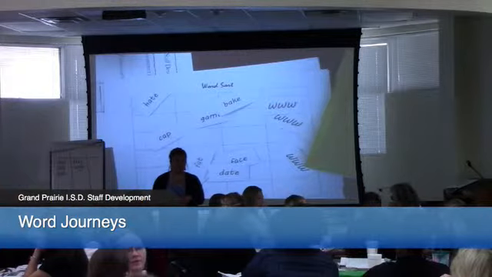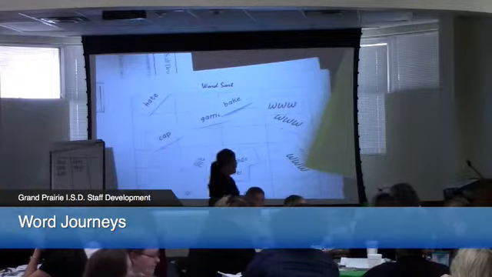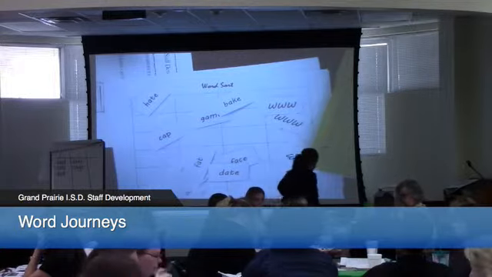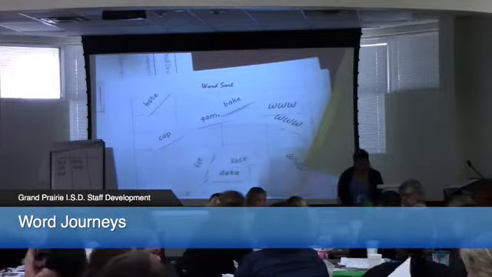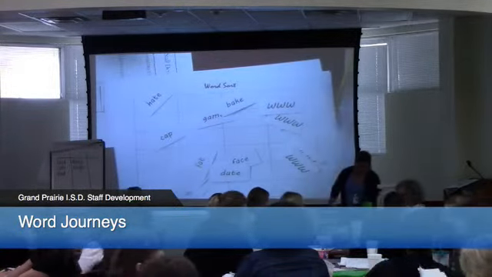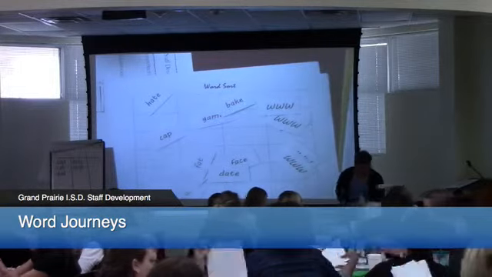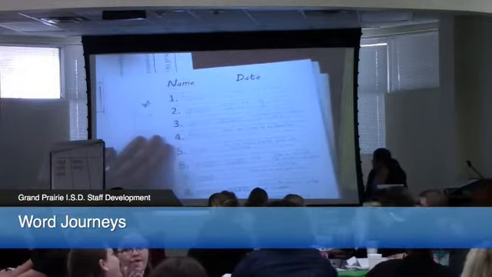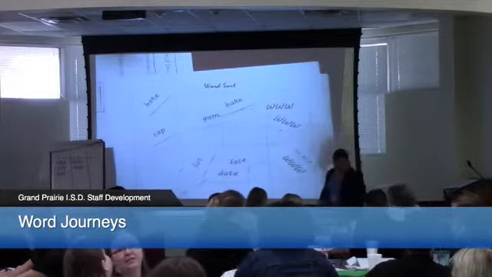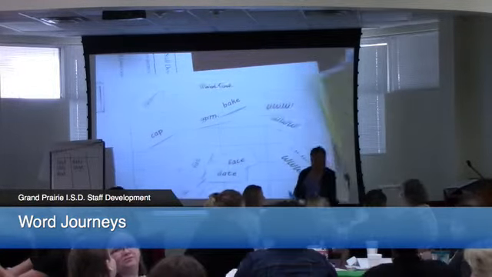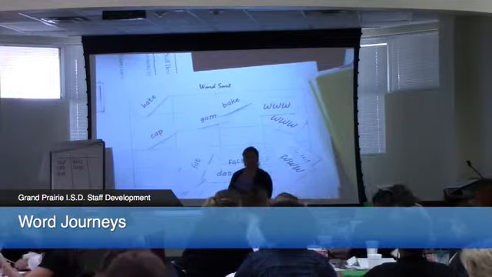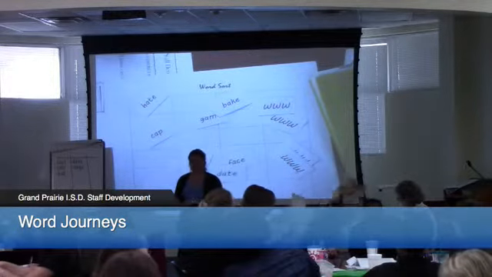We good? Okay, you should have gotten a paper that has 1 through 10 on it. It looks just like this. Put your name on your paper, and we're going to do show what you know.